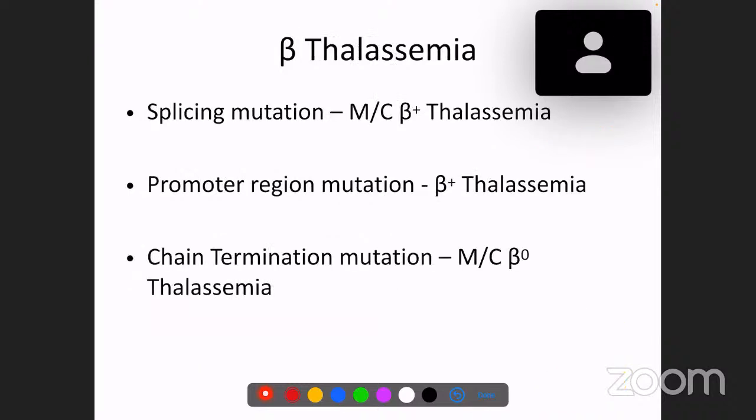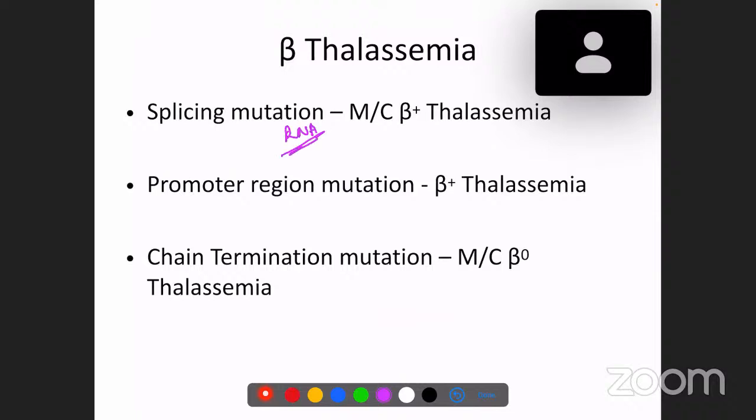So the topic, beta thalassemia. Remember, germline mutation in beta thalassemia can be because of splicing mutation, promoter region mutation, and finally chain termination mutation. The most important MCQs here, splicing mutation. So splicing where? Splicing in the RNA.